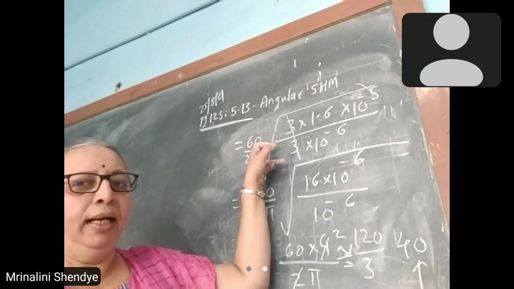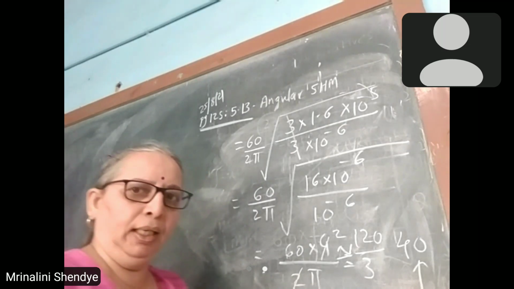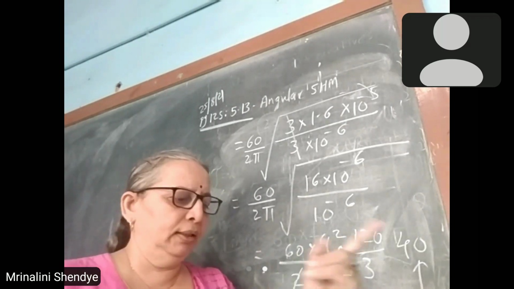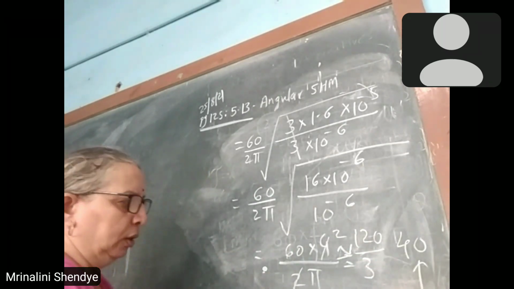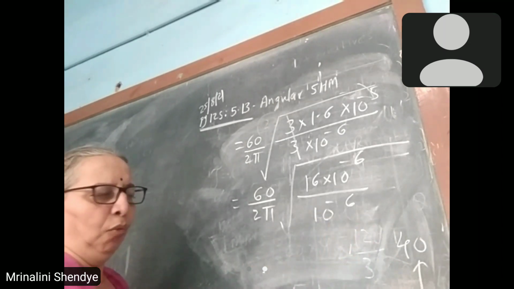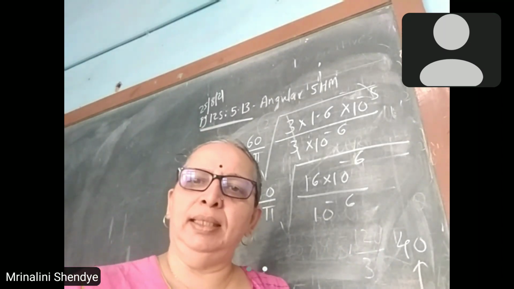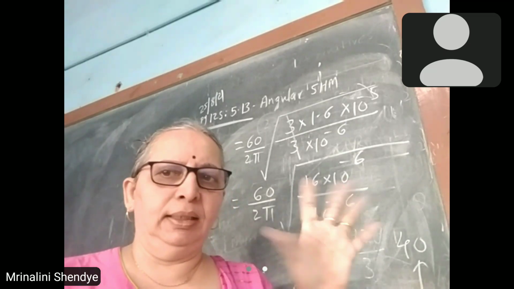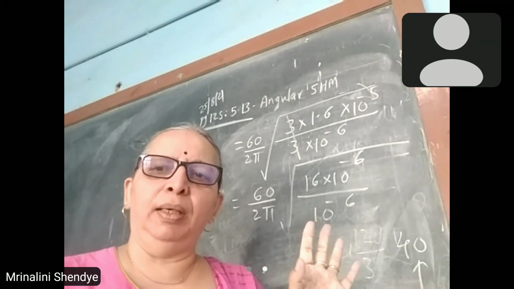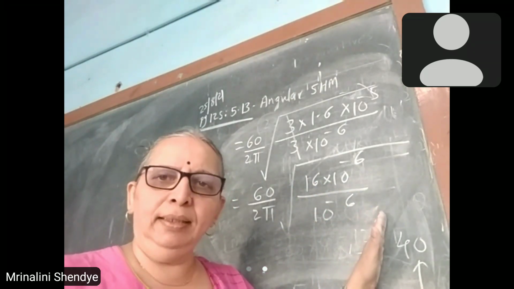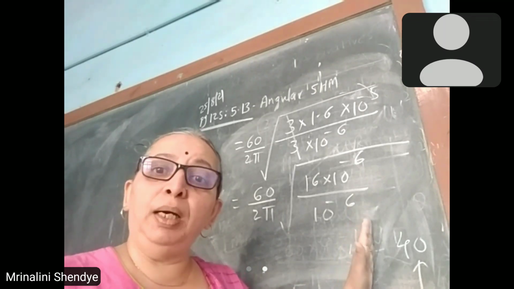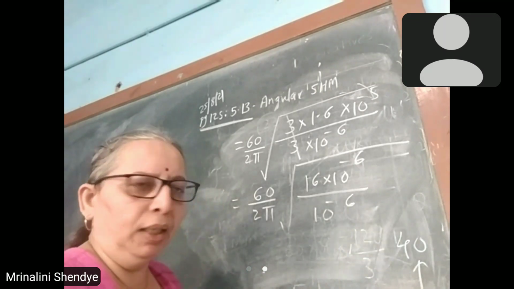You have to take the factor 60 while solving the numeric to find the number of oscillations in 1 minute. So this is your last answer. What is the unit of the last answer? The number of oscillations doesn't have any unit. It is a pure number. So 38.9 something oscillations per minute will be your last answer.